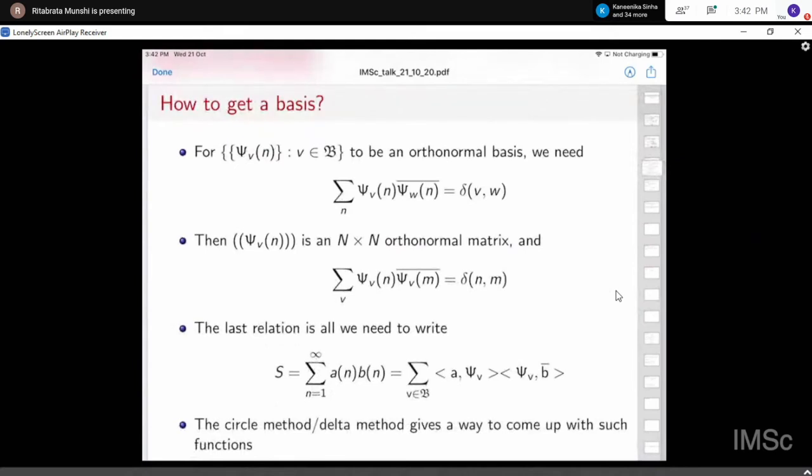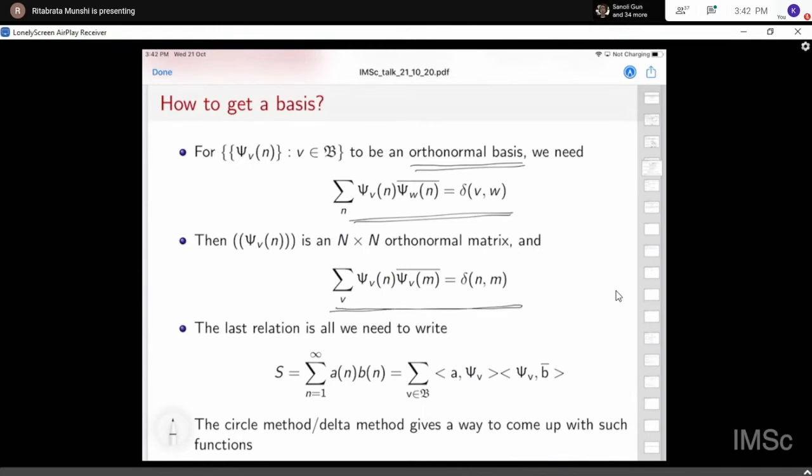Okay, so how to get the basis elements? Of course this is just basic linear algebra. If you have an orthonormal basis, then you have this relation between the basis vectors, or the corresponding matrix is an orthonormal matrix, and you'll have this relation.